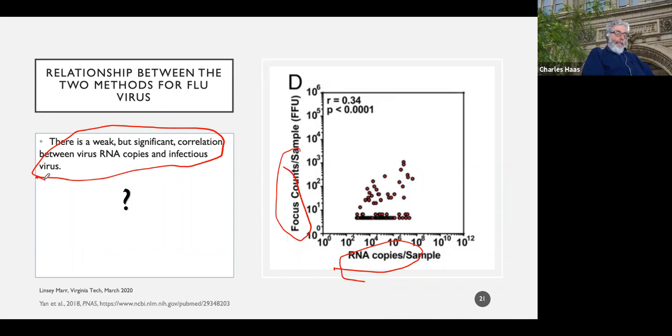It may be a statistically significant correlation, but look at the R value. The R value is 0.34, the correlation coefficient. So R squared is about 0.09. What does that mean?